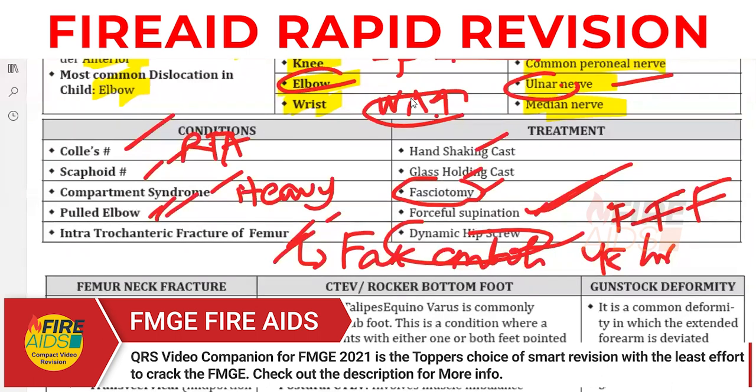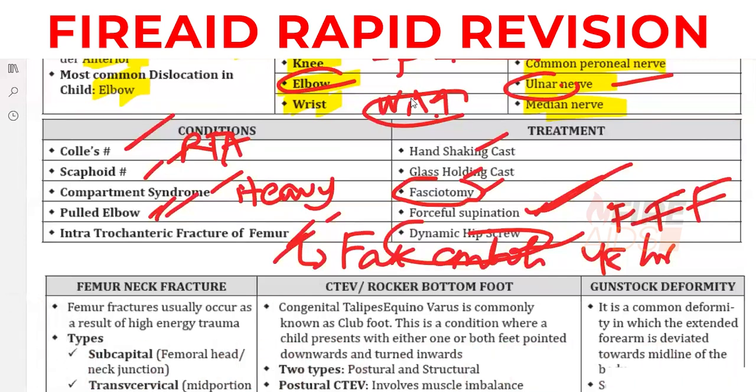The first F stands for fat emboli. The next F stands for 48 hours. The third F stands for fixation, dynamic hip screw fixation. So 3F you must remember in this.